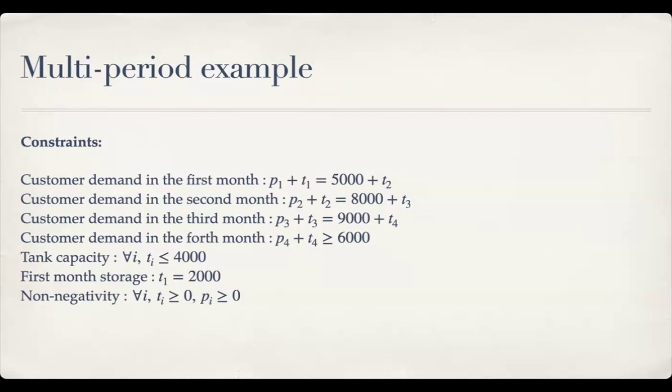For the second month, P2 plus T2, the amount of oil purchased at the beginning of the second month and the oil in the storage tank at the beginning of the second month, equals 8,000 plus T3.